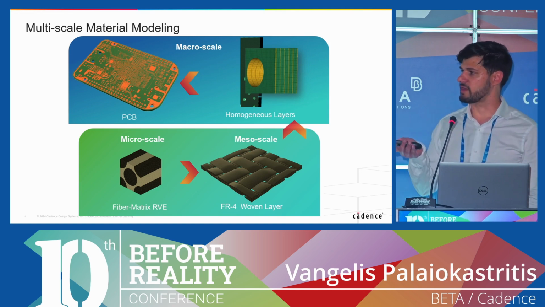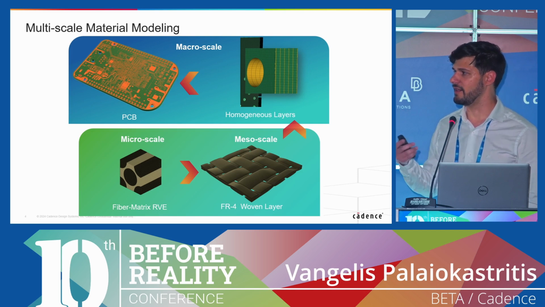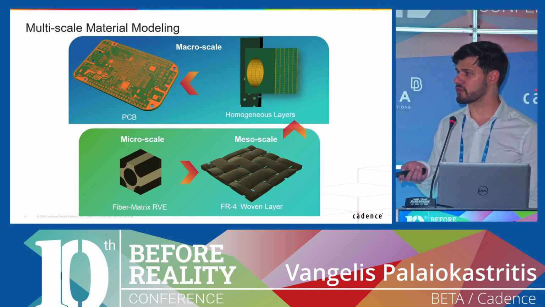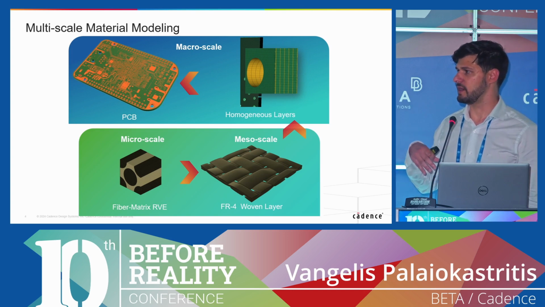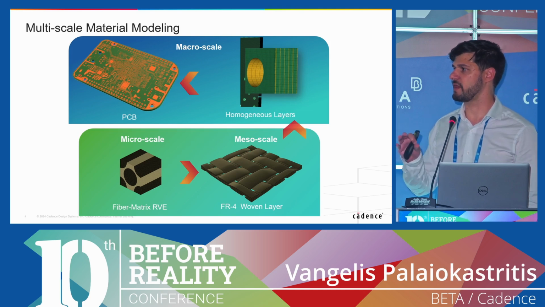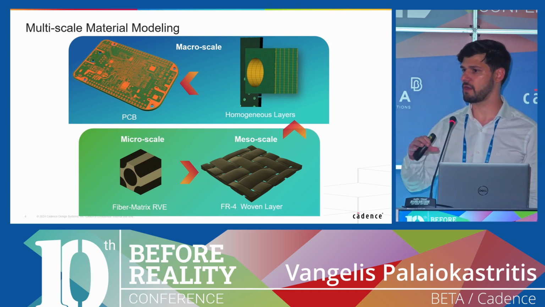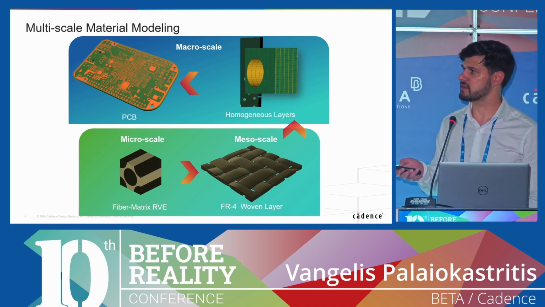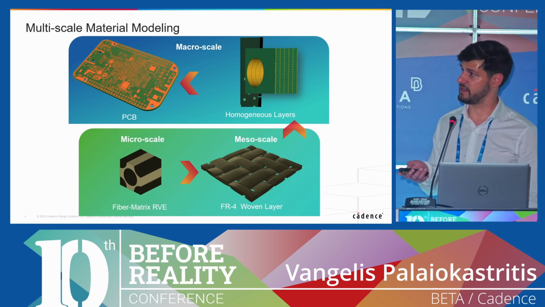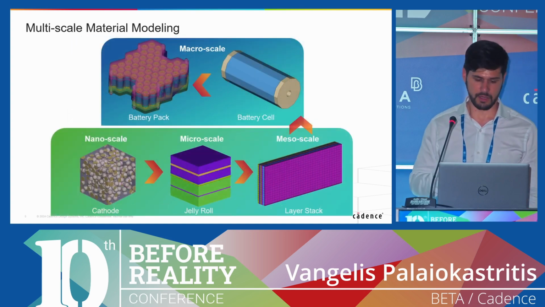So, for example, here we see the micro scale of an FR4 woven layer that is used in a PCB. So we can go deep in the micro scale, see the interactions between the fiber and matrix, then understand how the woven fabric behaves, and then go to upper scales with homogeneous layers, and finally the whole model.